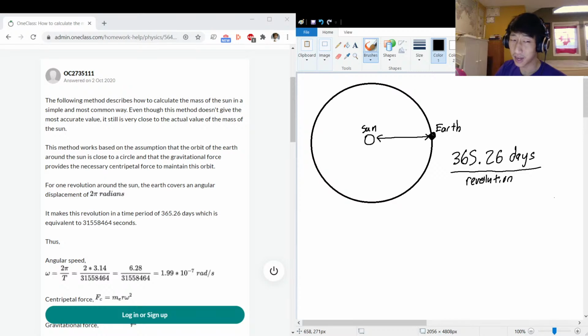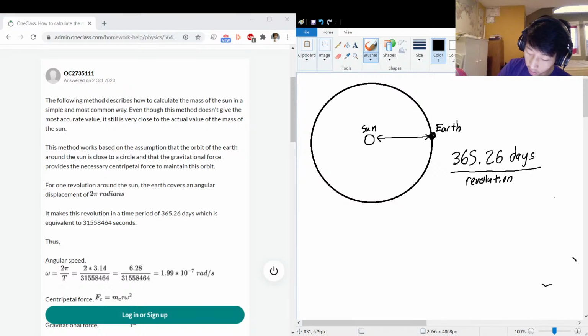I don't know if it's exactly that, but there are some special rules about leap years. Like I think 2000 was a leap year. If it's divisible by 100, it's not a leap year unless it's divisible by 400 as well. Regardless, this is our revolution. This is our period of rotation.